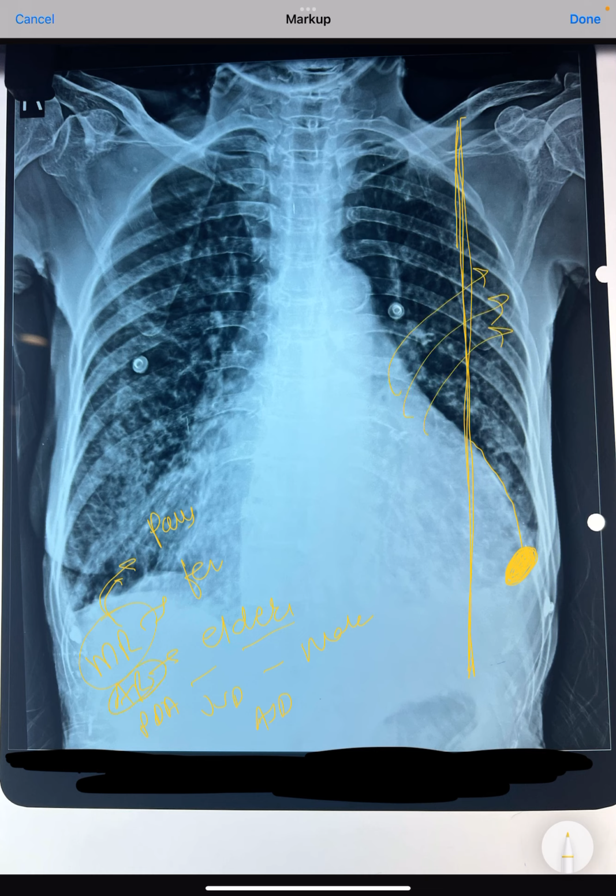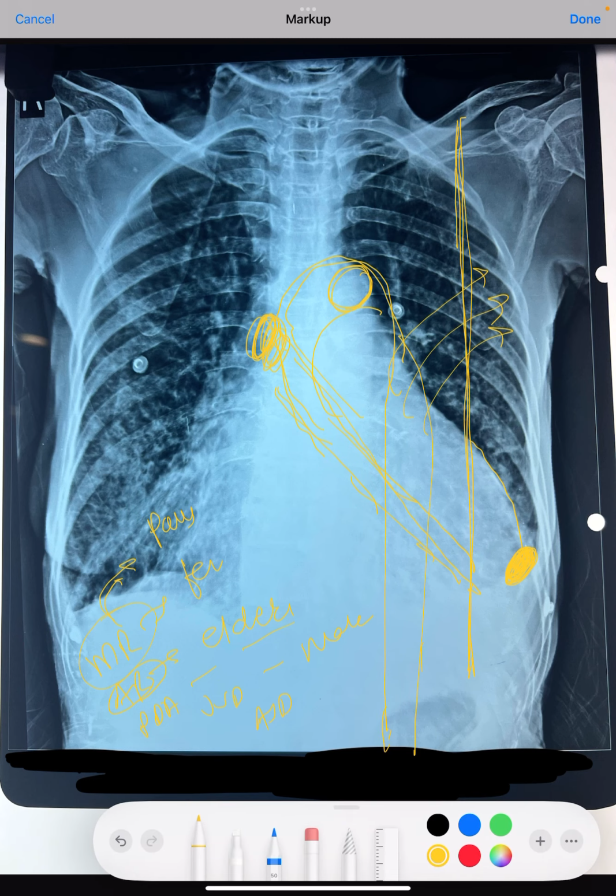Whereas aortic regurgitation will be best heard over the neo-aortic area, on the right side around the fourth intercostal space, the parasternal area, and this murmur will radiate from the neo-aortic area towards the left ventricle, because this is the area of the aorta. This is the aortic knuckle, and from here the aorta comes and then goes down as the thoracic aorta and then the abdominal aorta.